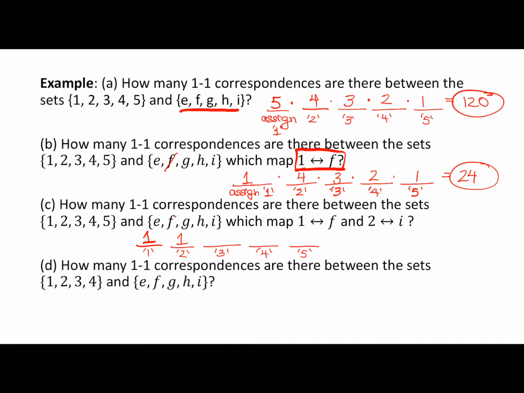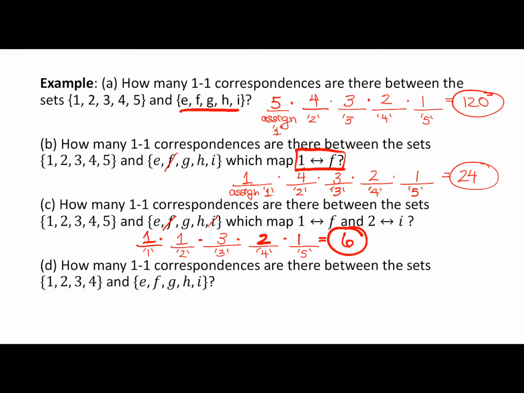Now F and I have been assigned, so there are 3 elements left I can choose from for 3. And once I assign one of those to 3, there'll be 2 elements left to choose from for 4 and 1 element left for 5. Again, the fundamental counting principle tells me to multiply each of these, and so I get 6 possible ways of assigning those.